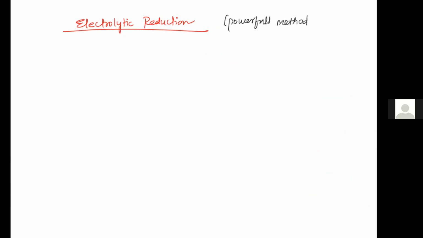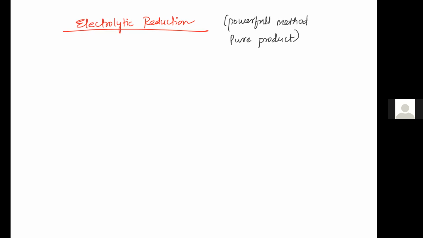The fourth one is electrolytic reduction. This is the most powerful method of reduction, and it also gives a pure product, with more purity.